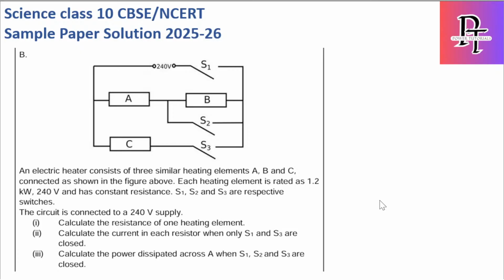So what is the question? Here you can see we have one voltage source which is 240 volts and one switch S1. We have two other elements: switch S2 here and another switch S3 here. An electric heater consists of three similar heating elements A, B and C. So this whole circuit is related to an electrical heating element with three elements A, B and C. Each heating element is rated 1.2 kilowatt at 240 volts.